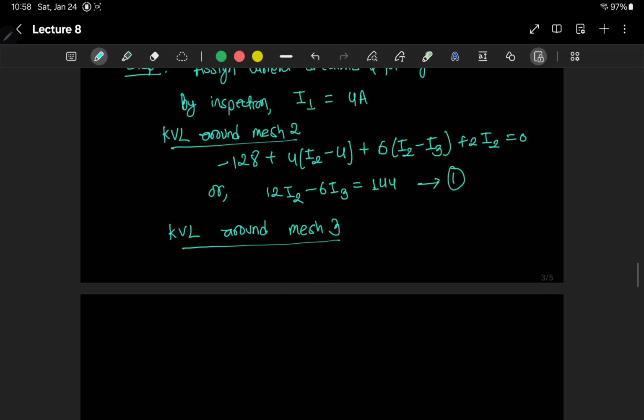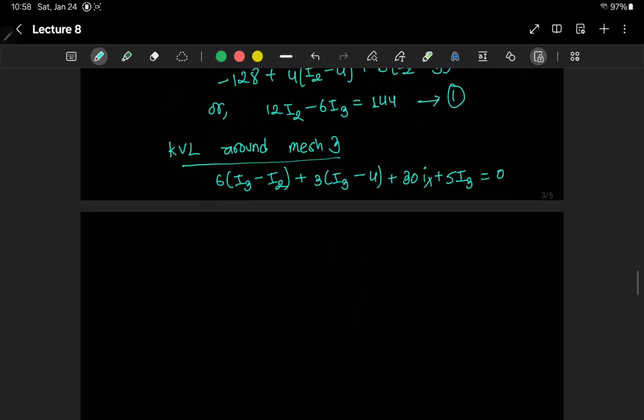Writing this down: 6 times I3 minus I2 plus 3 times I3 minus I1. We can simply write I1 is equal to 4, since we know the value of I1. I'll just write 4, plus 30 times Ix plus 5 I3 is equal to 0.